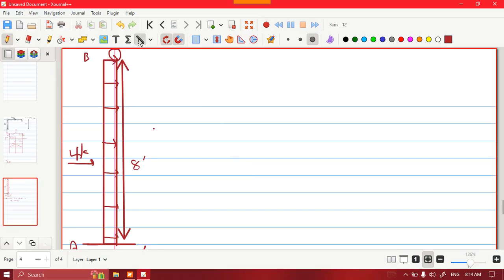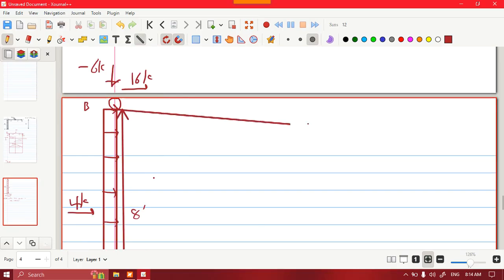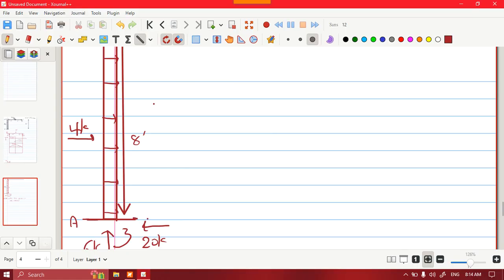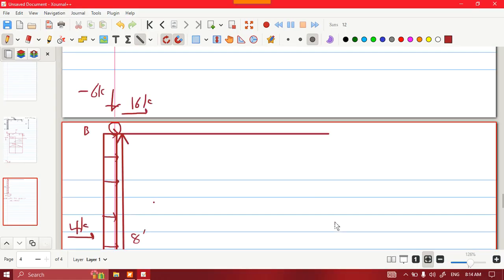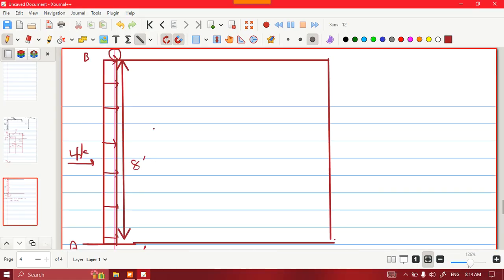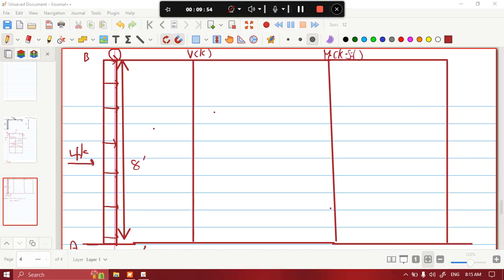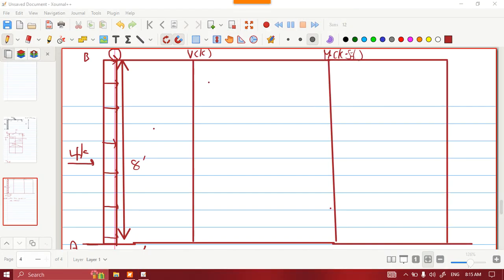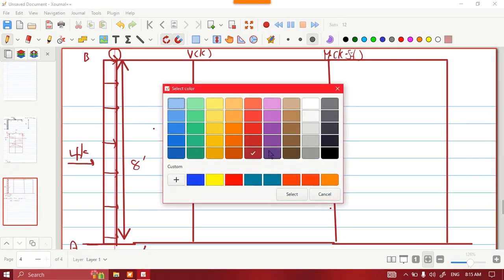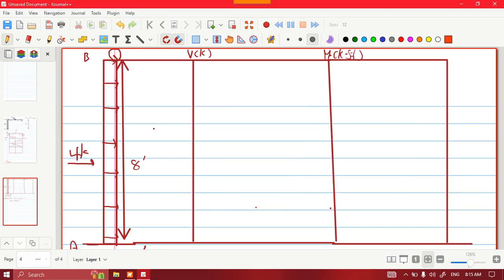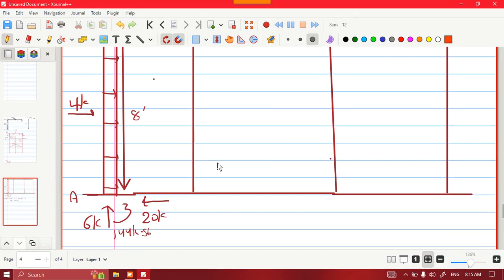Okay, we are ready to draw the moment and shear diagram. I have prepared already the diagram, the graph. So let's get started. I'm going to change the color to make it obvious for you to understand. Now I will start from joint A. What do I have at joint A?